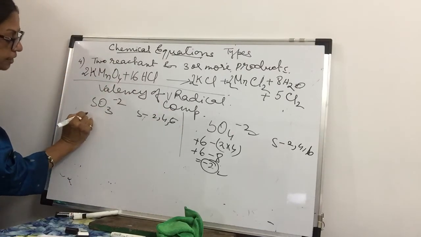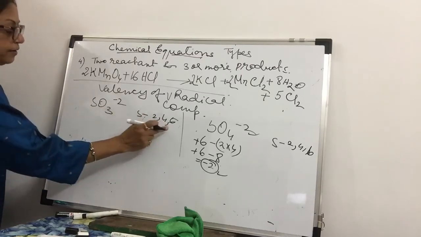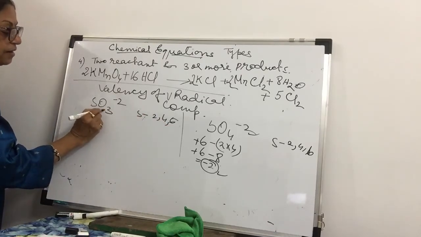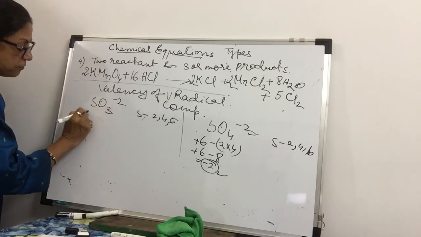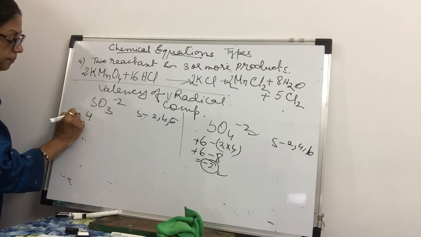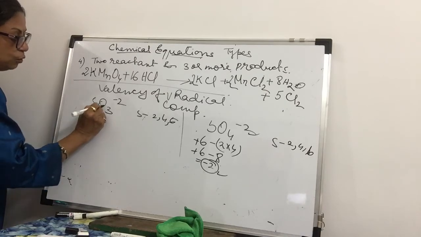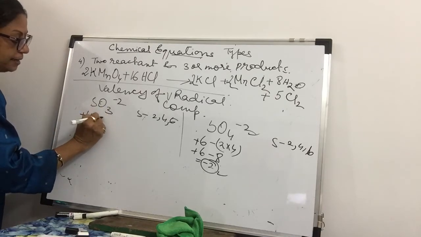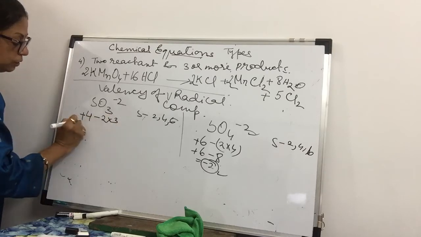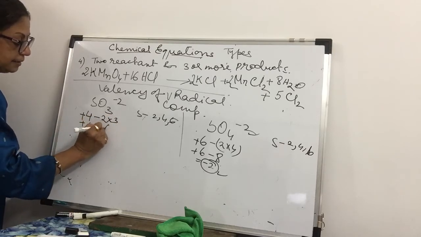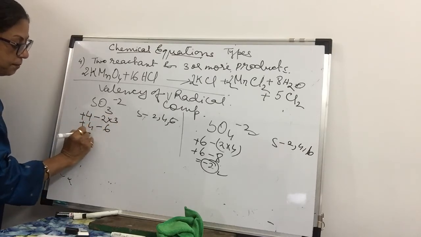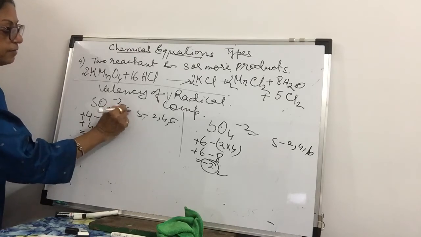Here we take the valency of sulfur to be plus 4. So this will be plus 4 and minus 2 into 3, minus 6. So here valency is minus 2 again. So this is the valency.